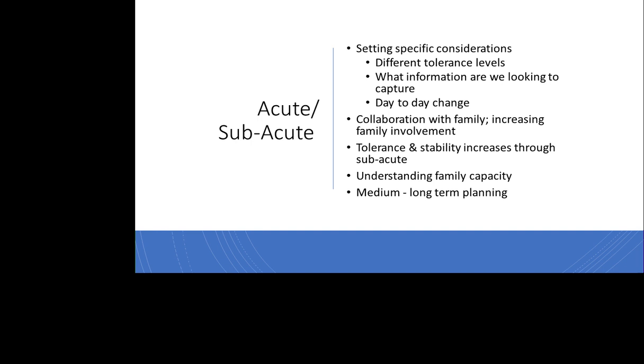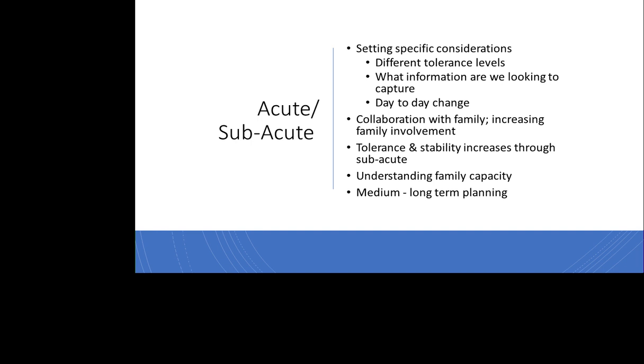It might be that a patient or a client can only tolerate 5 minutes of interaction at a time, but you may expect rapid change, so that's quickly changing over the course of a few days or a week. So I think it's really important to think about, in the 30 minutes that you might have with this patient or family on any given day, how do we use that 30 minutes to optimize our time? Could we use perhaps 15 minutes on an eval and 15 minutes working with the family, perhaps preparing them for the journey that may be ahead of them, or gathering information or educating them about some of the changes and some of the things that are happening?